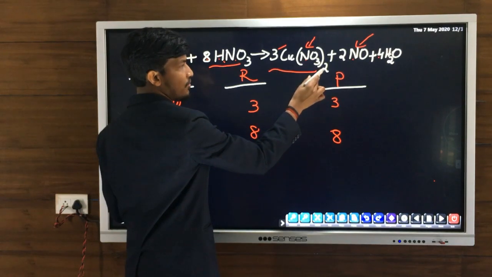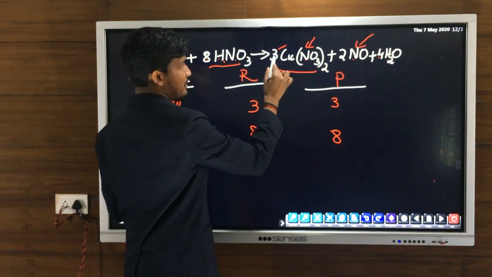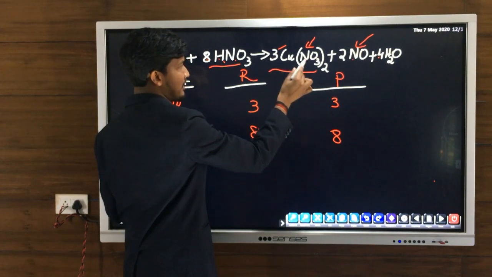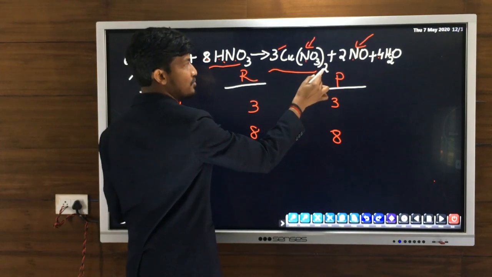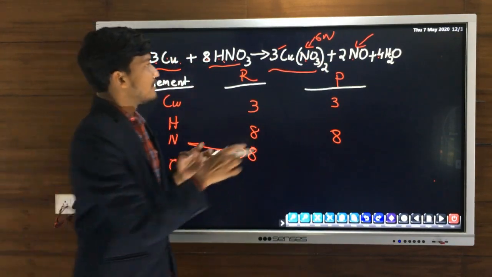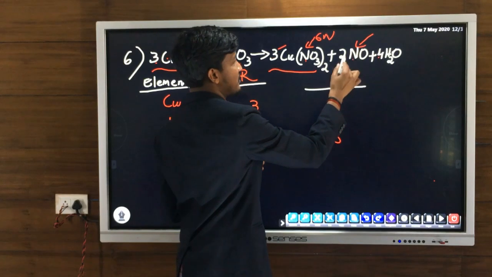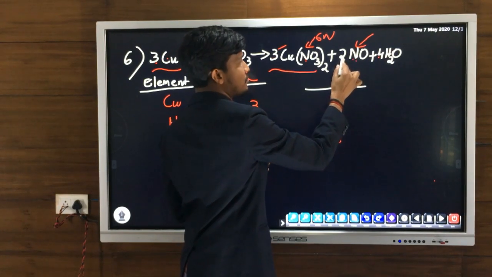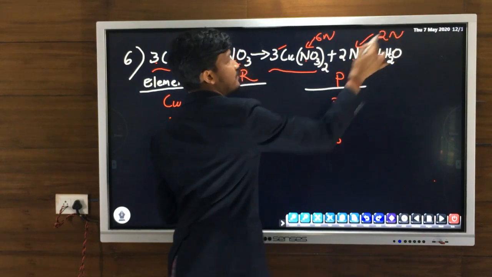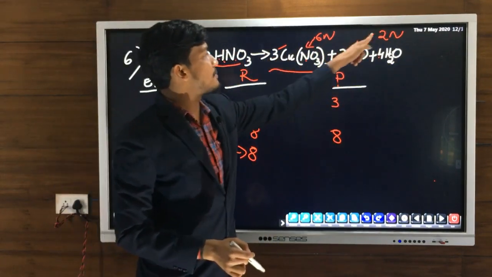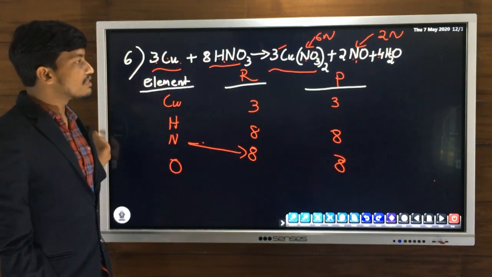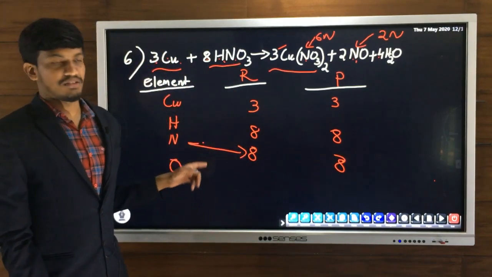Nitrogen is inside the bracket, so we have to multiply by 2. Also there is coefficient 3. So NO3 means N1O3. So 3 into 1, 3. 3 into 2, 6. So 6 nitrogen atoms from CuNO3 twice. And from 2NO, 2 into 1, 2 nitrogen atoms. So in total we have 6 plus 2, 8 nitrogen atoms on the product side.